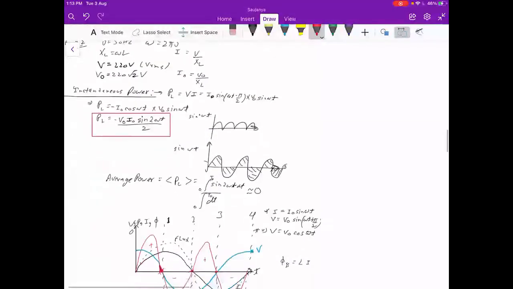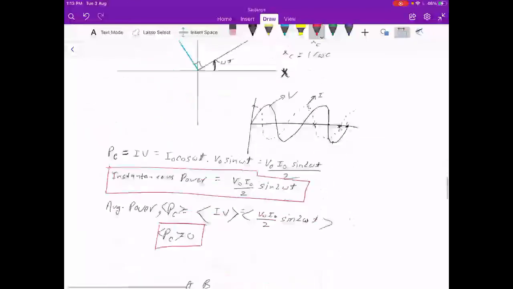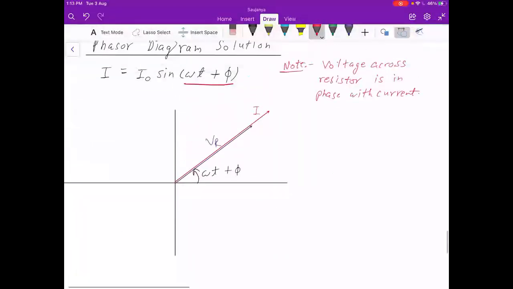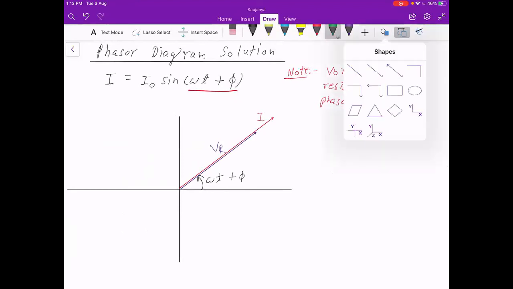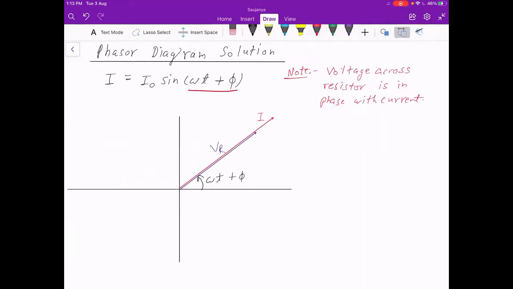So voltage leads the current by pi by 2. The voltage of the inductor is going to be 90 degrees ahead, in the anti-clockwise direction. I can call this VL. And again, 90 degrees backwards, I'll get VC by the same logic. So I have VC here.